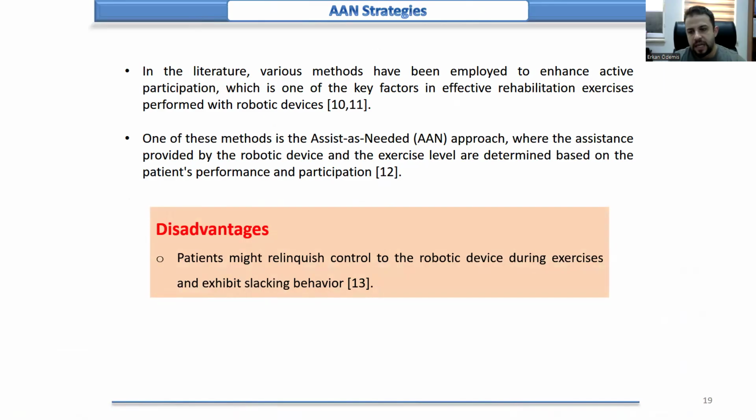Therefore, careful consideration must be given when adjusting the level of assistance provided to the patient.